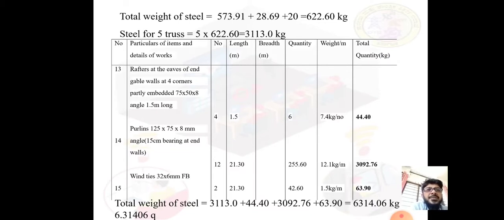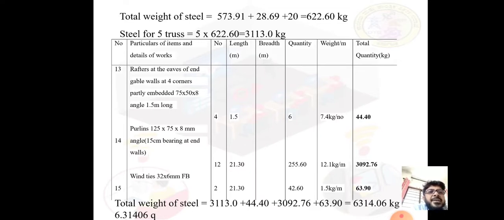So angle section we are using 75 into 50 into 8 and length 1.5 meter. So 4 numbers means length is 1.5. So total quantity is 6. So weight 7.4 kg per number. So total 44.4.